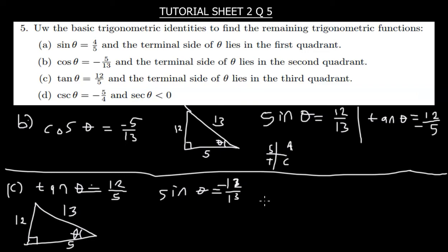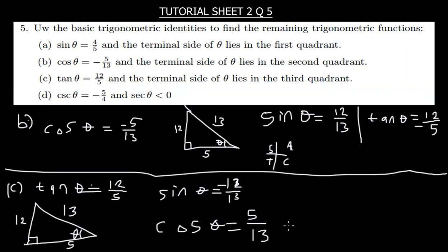So we move on to finding the next trig ratio, which is cos. So cos theta is going to be adjacent over hypotenuse, meaning it's going to be 5, which is our adjacent here, over hypotenuse, which is 13.